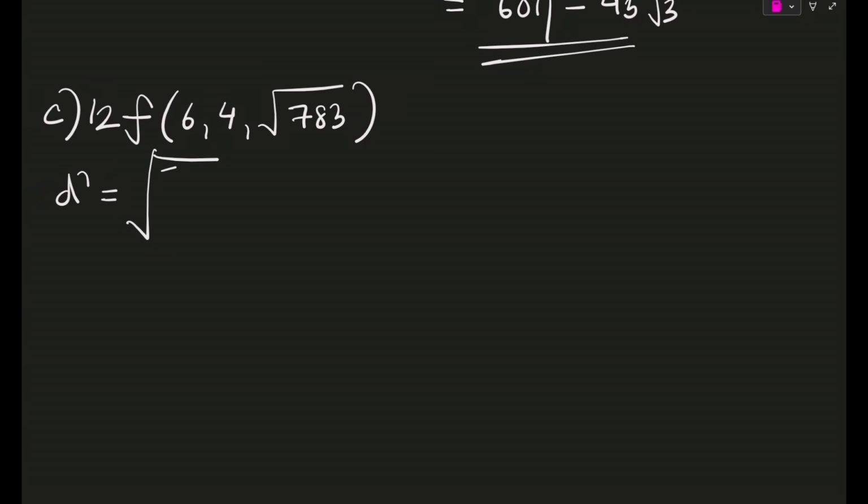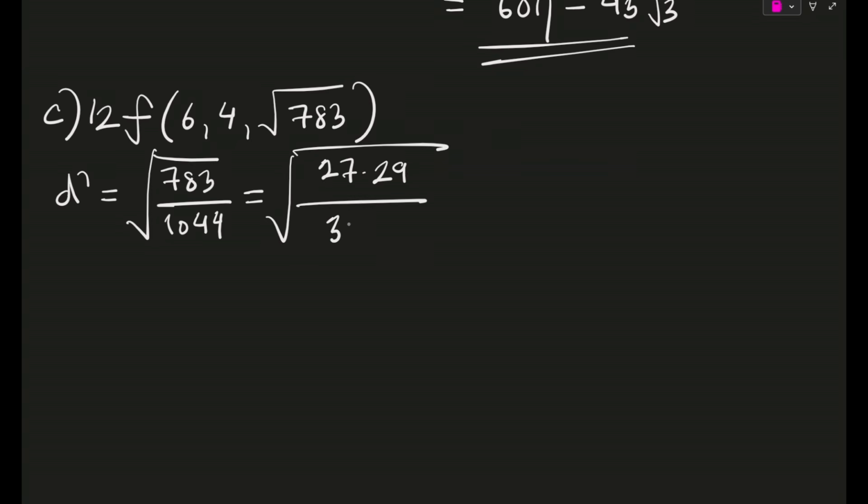This will come out to be root 783 by 1044. If you factor this a little bit, this would come out to be 27 into 29, and this thing would be 36 into 29. So it would come out to be root 3 by 2.